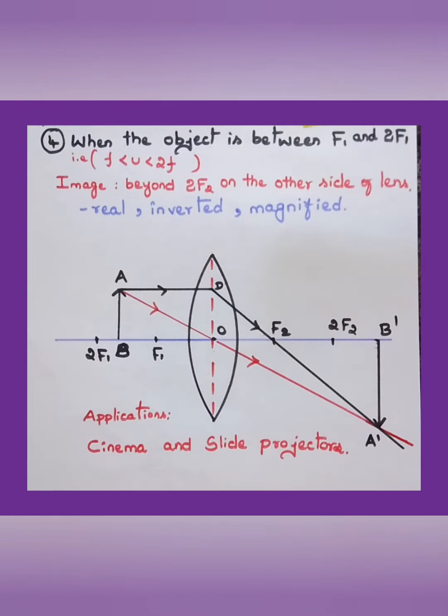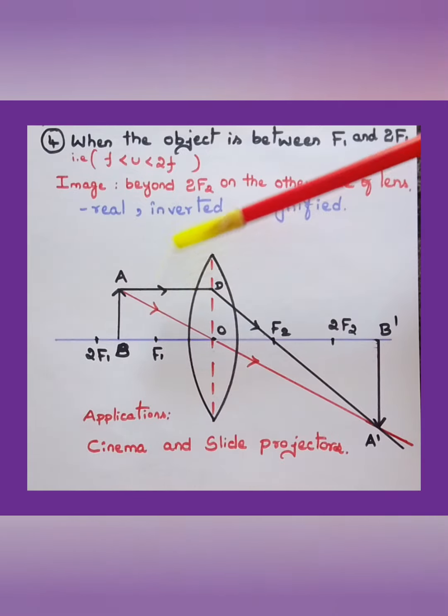When the object is between f1 and 2f1, you see here f1 and 2f1, the object is between this f1 and 2f1, and f is less than u, which is less than 2f. 2f is here, this is less than 2f, and f is still less than the u value.